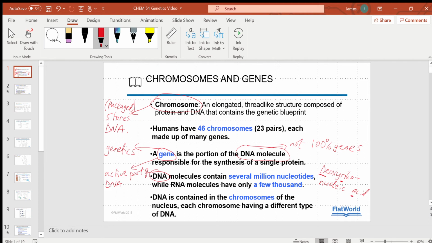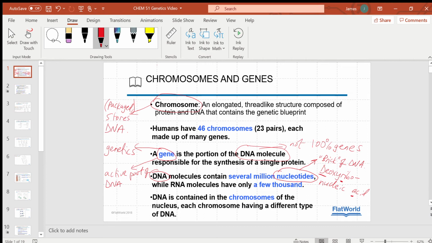DNA molecules contain several million nucleotides. This is a structure we'll see in a second. A nucleotide is the proverbial brick of DNA. So the building block of DNA that we'll see in a second.